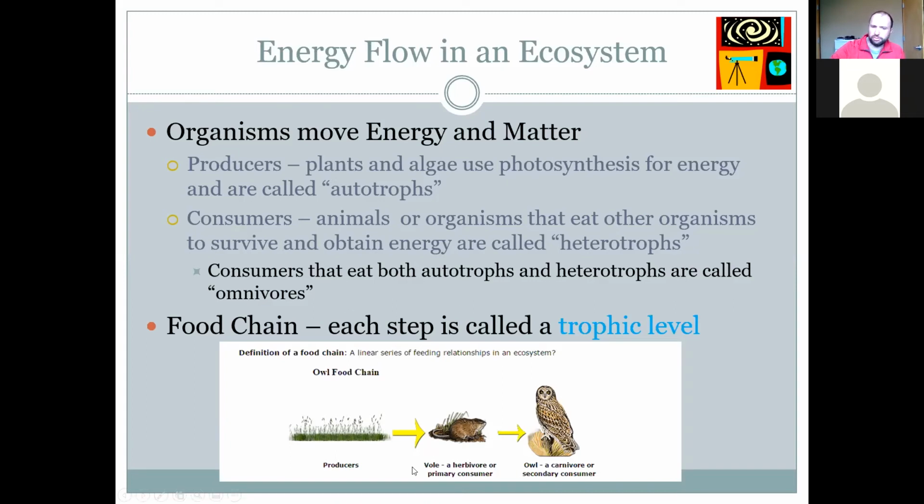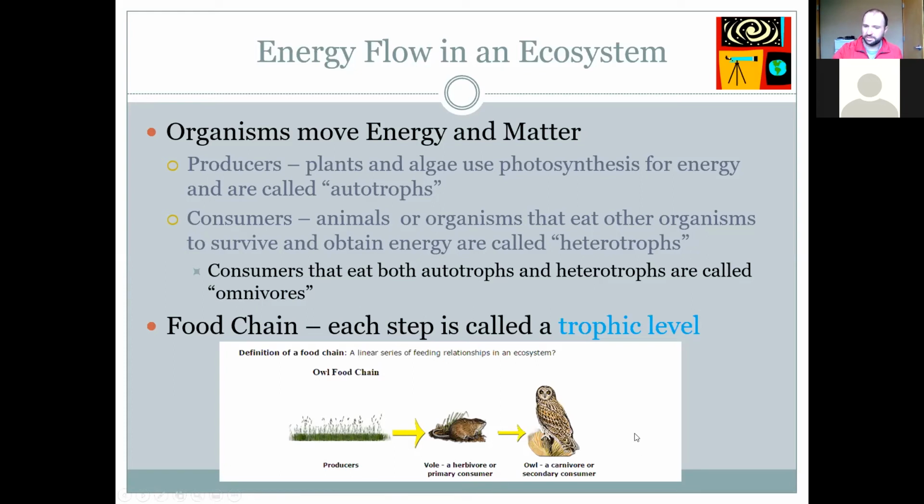The primary consumer is the organism that's directly eating the producer, right? So herbivores, or animals that are eating plants, those are primary consumers. In this case, we have a vole or a mouse or a rat or squirrel or rabbit or whatever the animal is, right? We have the animals that are eating the grasses. Okay, that's the primary consumer.